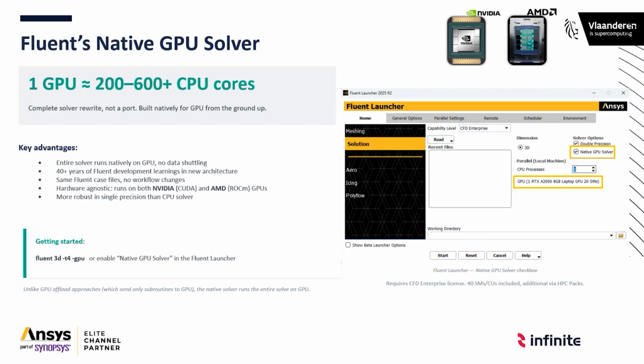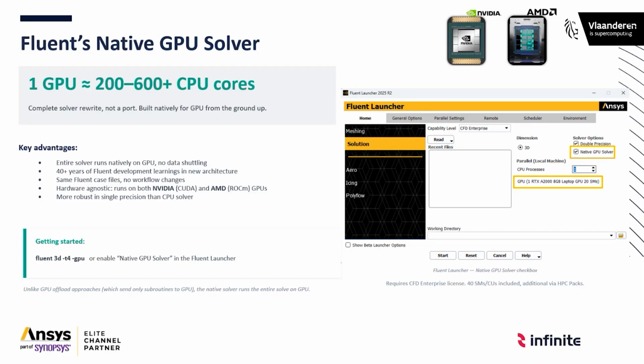Important to note, it's not the same as the GPU offloading done some years ago, where some parts of the calculation were offloaded to the GPU and the rest of the calculation was done on the CPU.